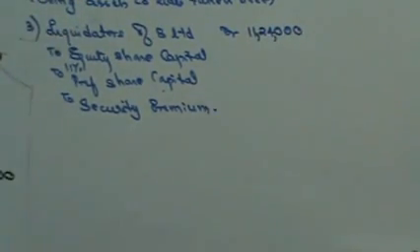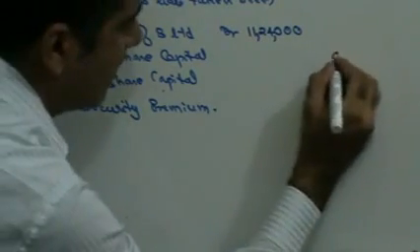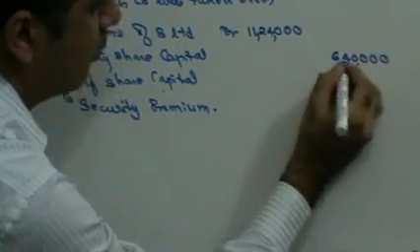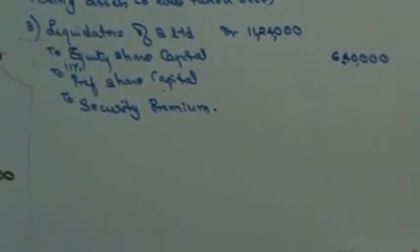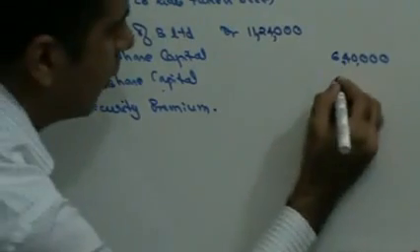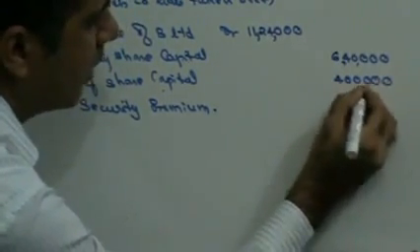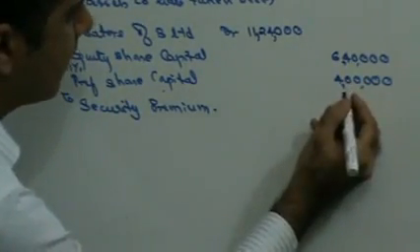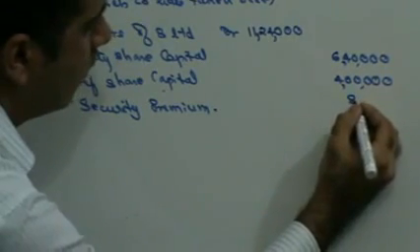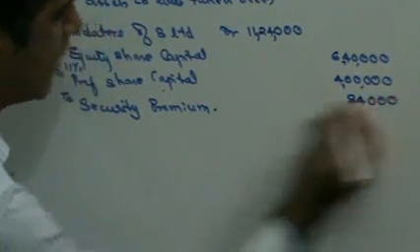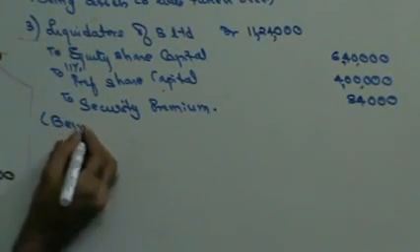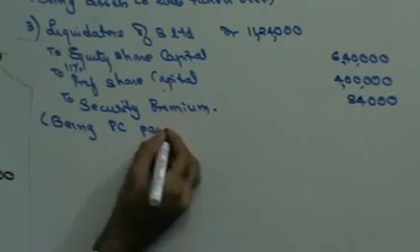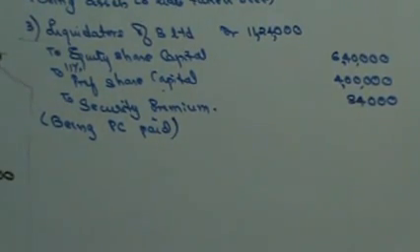Equity share capital: I'm supposed to issue 64,000 shares at 10 each, that is 6,40,000 face value. Preference: I'm supposed to issue 4,000 shares at 100 each, that is 4 lakhs. The difference is going to be securities premium, 84,000. Someone cross check please. Purchase consideration paid.